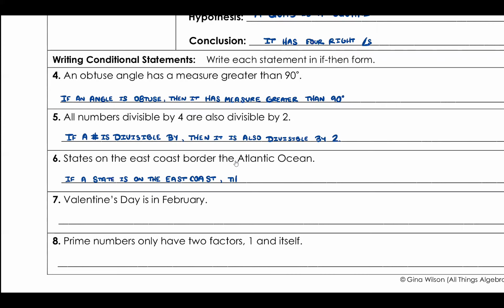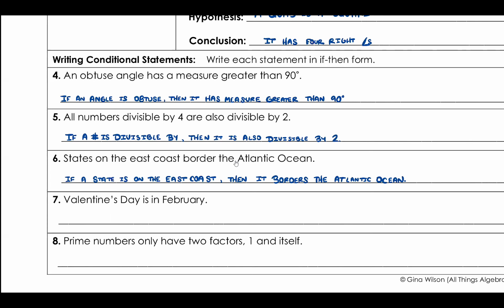Then it borders the Atlantic Ocean, yep. If a state is on the East Coast, then it borders the Atlantic Ocean.